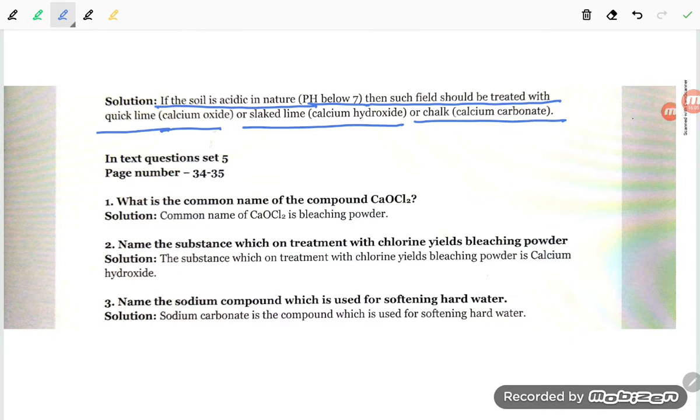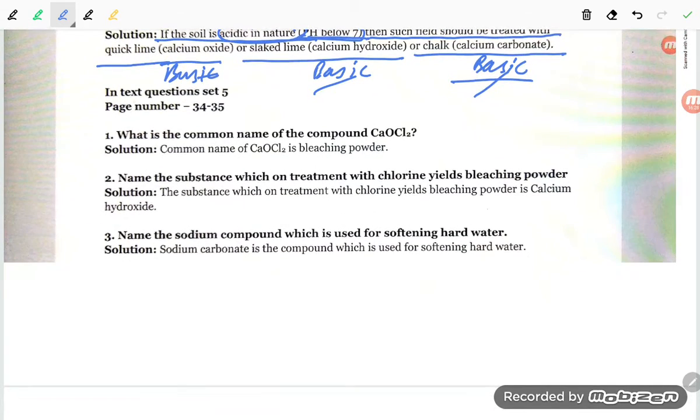Calcium oxide is basic, calcium hydroxide is basic, calcium carbonate is basic. So if the pH of soil is less than 7, you can use calcium oxide, calcium hydroxide, calcium carbonate, etc.